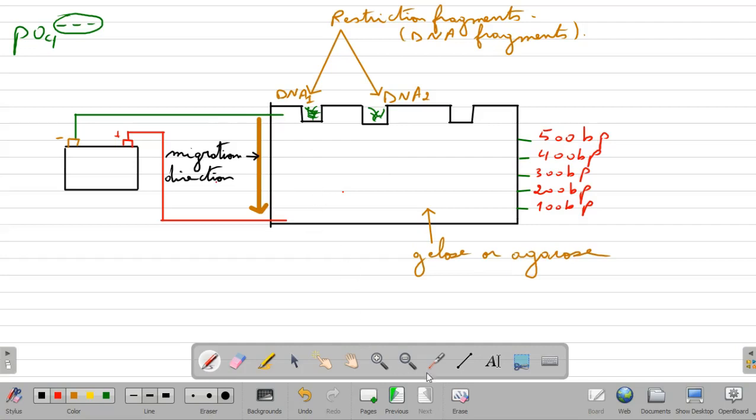Let us suppose I obtained a fragment here, another fragment here, and another fragment here. So if we obtained three fragments, look to the level.